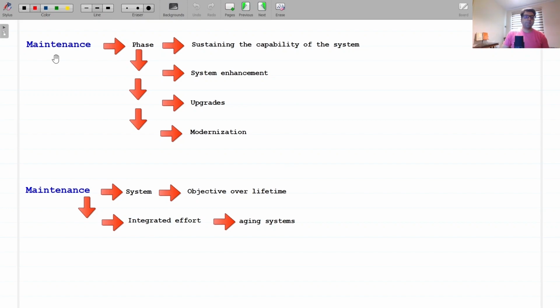Maintenance is a term often used to refer to a phase during which the system is already operational and the primary activities are related to sustaining the capability of the system, system enhancement, upgrades, and modernization. In this context, the objective is to design the system from the start to allow for the possibility of maintaining value over the entire system lifecycle, thereby promoting value sustainment.